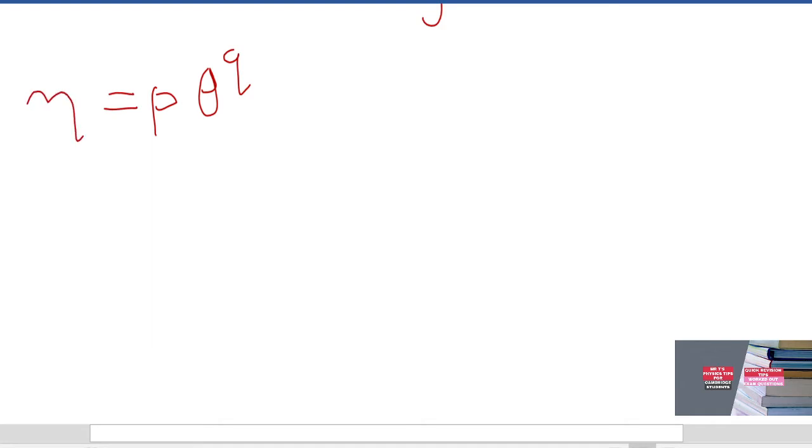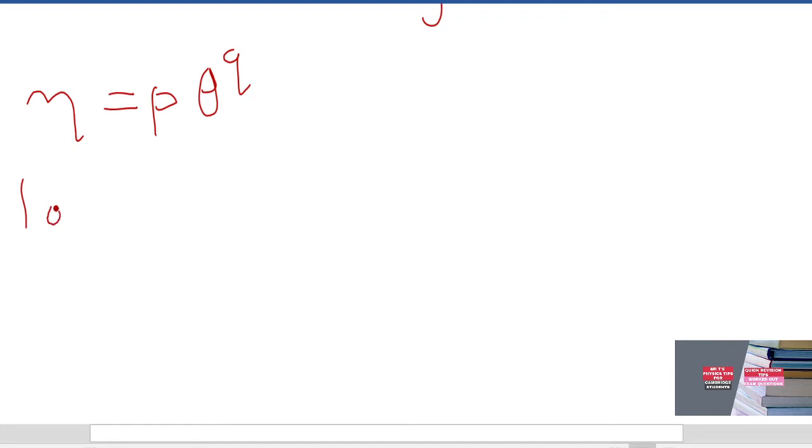Now, linearization of that function. First of all, you take logarithms on both sides. If you're not told otherwise, I suggest that you take logarithms to base 10, log, not ln. Later on, you see that what they're referring to is logarithm to base 10.